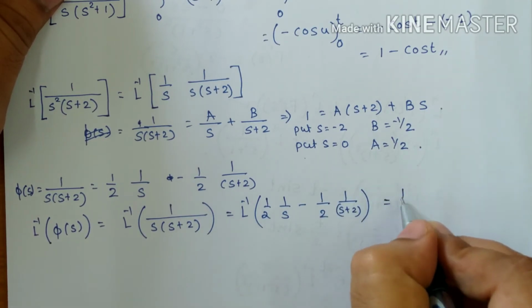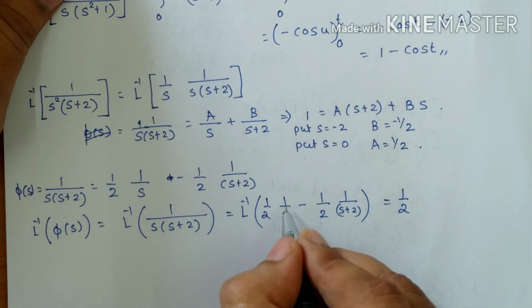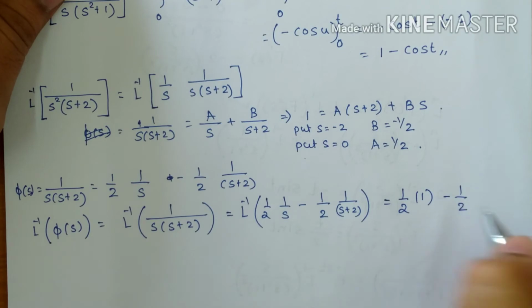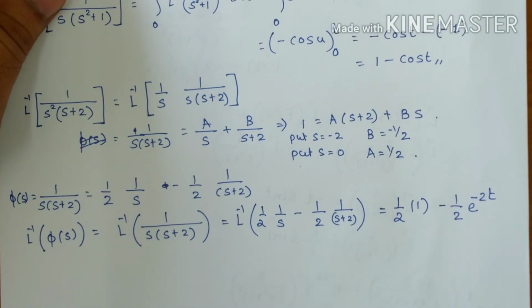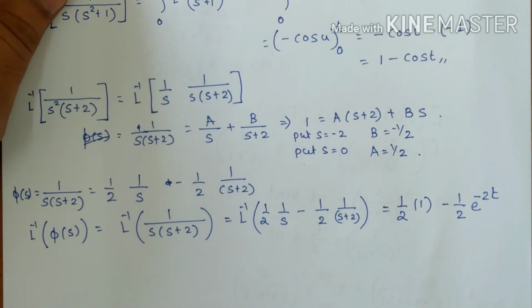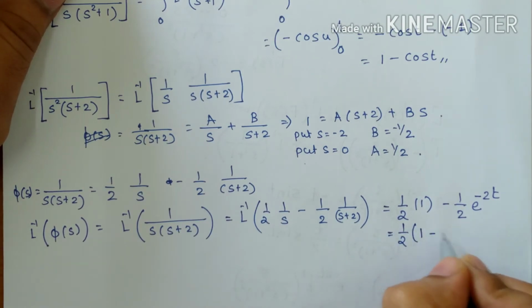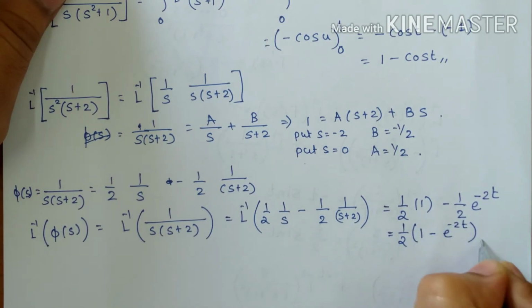That is, the 1 by 2 as it is, inverse Laplace of 1 upon s is 1, 1 by 2 as it is, 1 upon s plus 2 inverse is e raised to minus 2t. Do you clear with this? Okay. So one can write this as 1 by 2 into bracket 1 minus e raised to minus 2t.